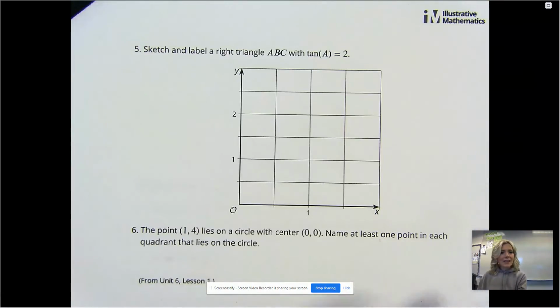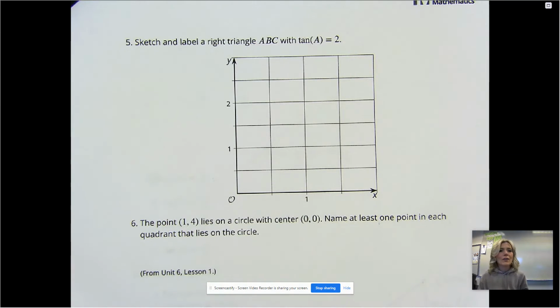Number 5, sketch and label a right triangle ABC such that the tangent of A is equal to 2. Okay, so I'm going to have the right angle be on the x-axis, and there's 2 ways I can do this.